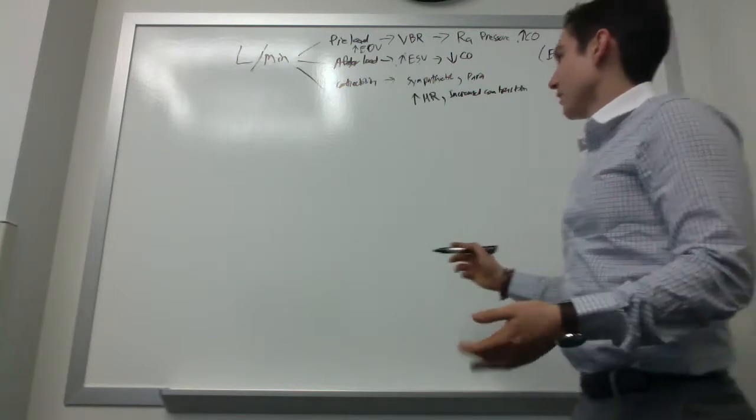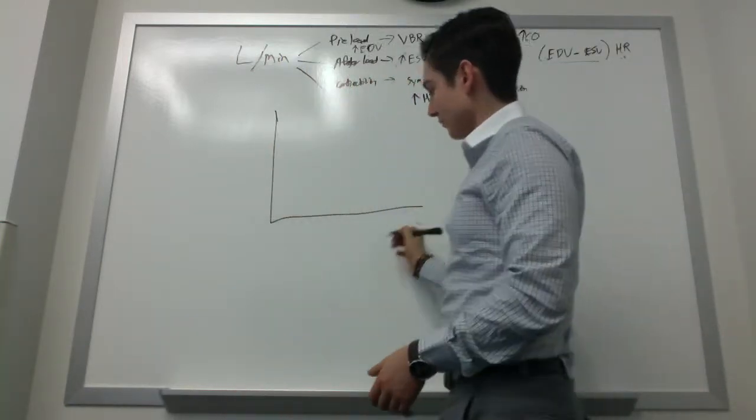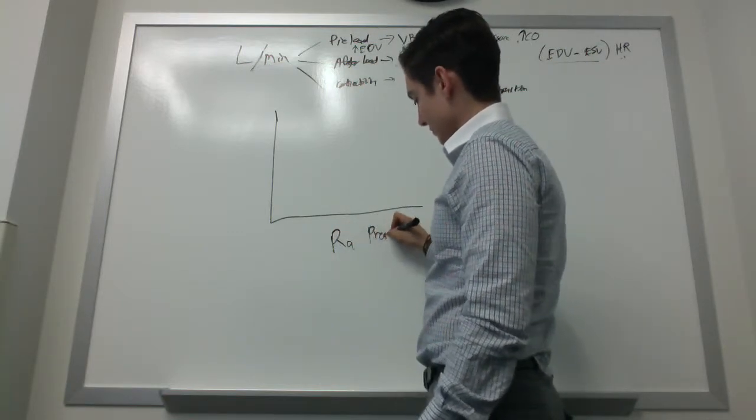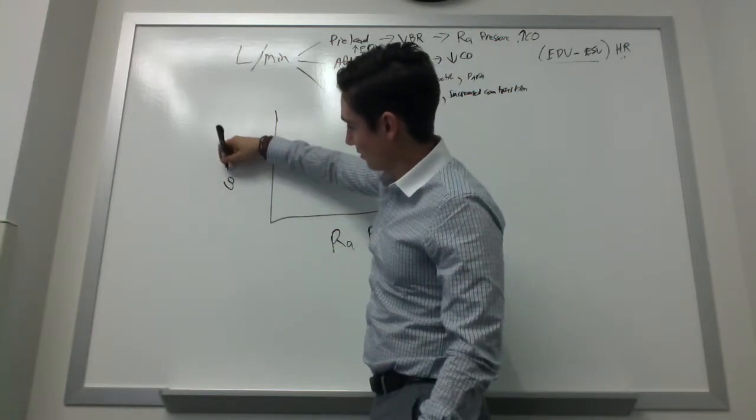So now, if you were to graph the cardiac output, we graph it relative to the right atrial pressure. Okay, and this is cardiac output.